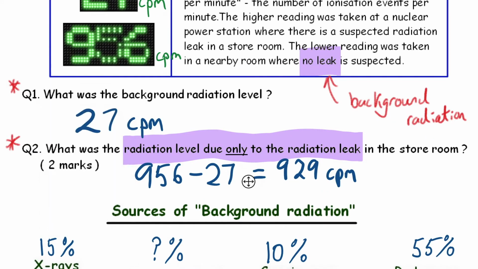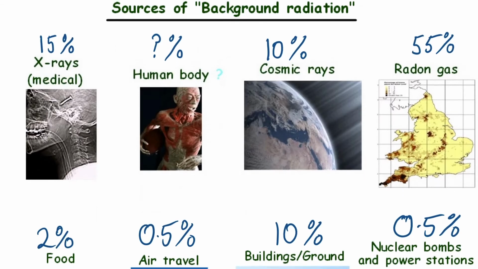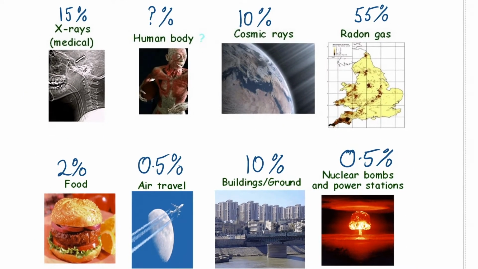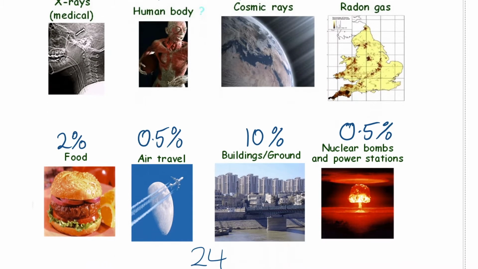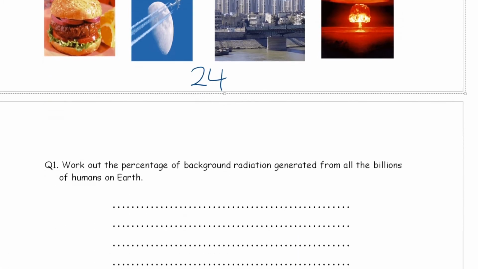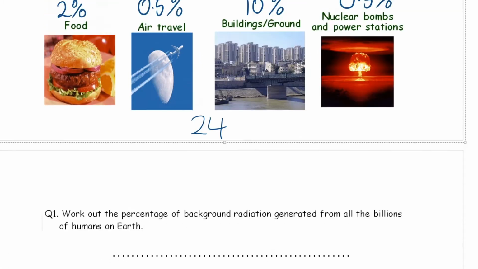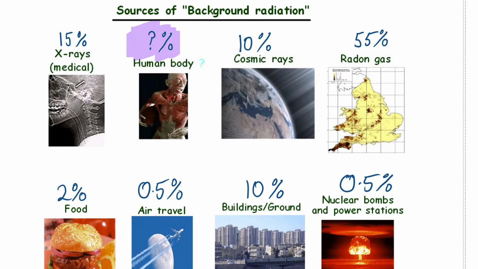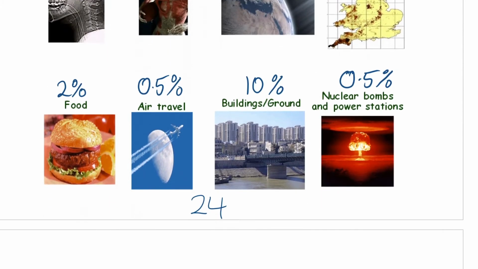Okay. If we now look at sources of background radiation, you've got 8 different sources here, and above each I've written down their percentage contribution to background radiation on average. What I'd like you to do next as the activity is to work out the percentage of background radiation due to the human body.